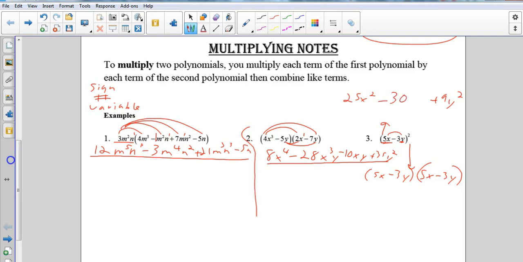Double is negative 30, and then just deal with the letters x, y. Otherwise, the long way is multiply each by each. So here we get 25x squared. We get negative 15xy. Here we get negative 15xy. And here we get our plus 9y squared. Once these combine, we end up with this answer up here.